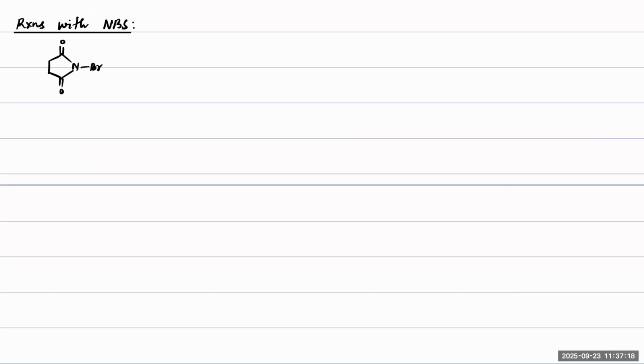This is N-bromosuccinimide. Now this is the best source of Br dot at allyl and benzyl positions. This is the best source for allyl and benzyl positions.